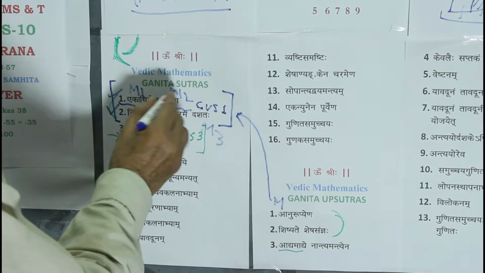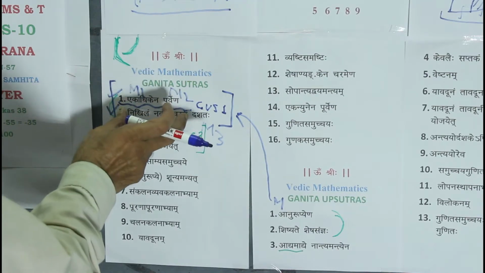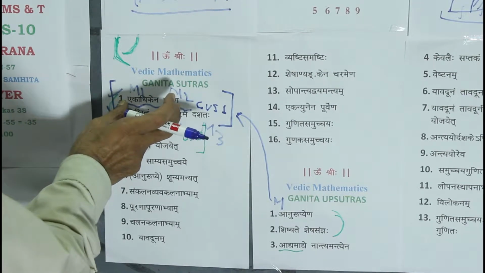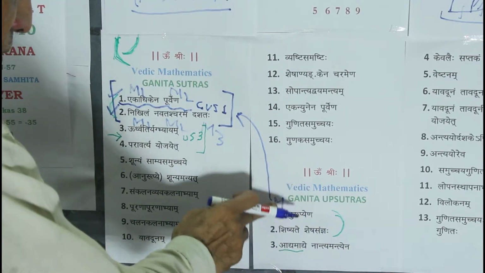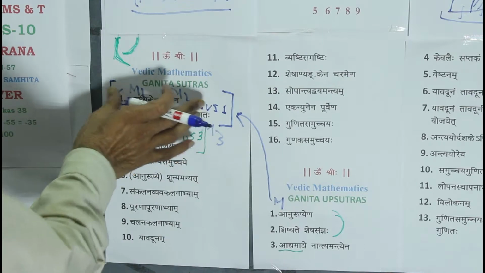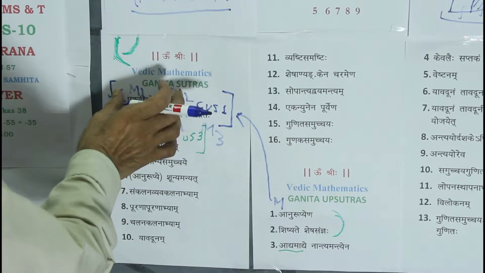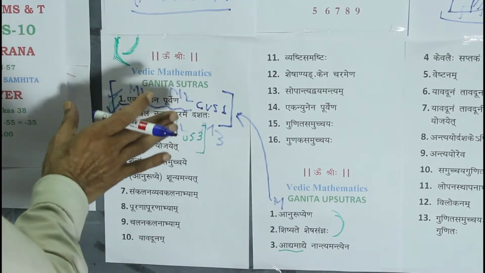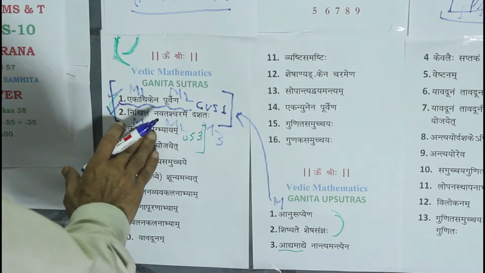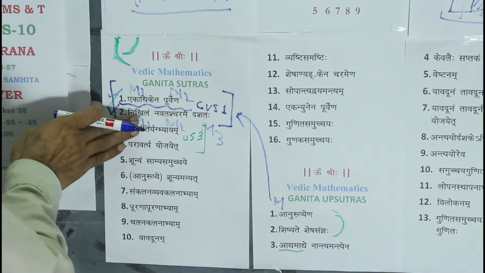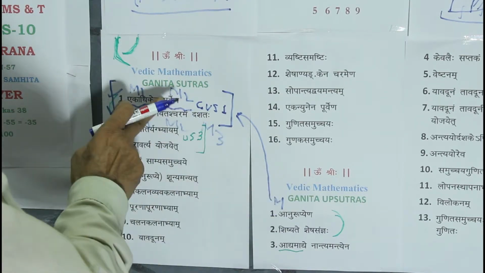It is this additional monad, so the pair of monads already available in the format of Ekadhikena Purvena with the additional monad of the Ganita Upsutra 1 makes available the triple monads. So these triple monads as such, on the face of it, take us to the need and availability of the triple monad setup needed for the text of Ganita Sutra 2. It is the first feature.